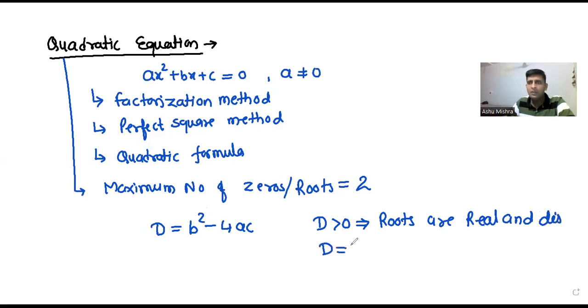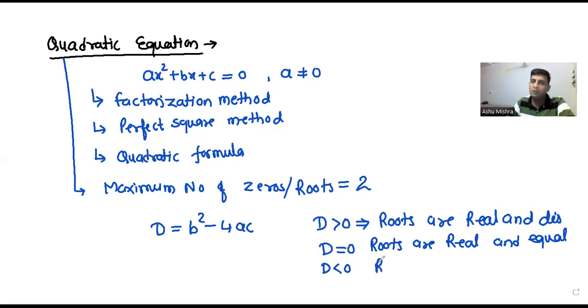If D is equal to 0, the roots are real and equal. If D is less than 0, there is no real root. That means both the roots are imaginary.